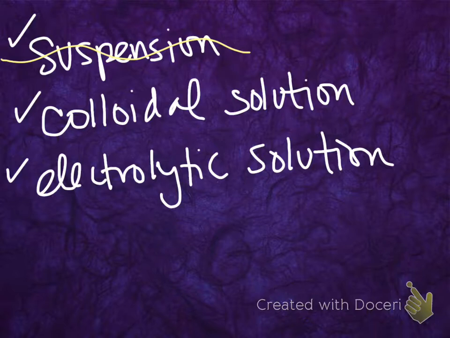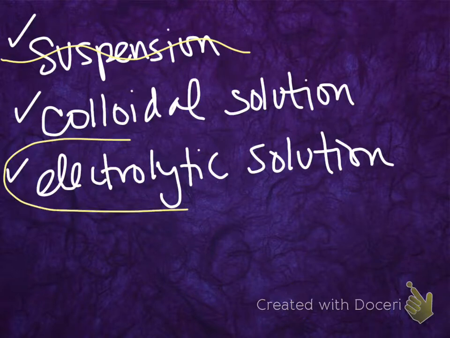There are what are called colloidal solutions, in which the particles stay suspended, but they don't actually completely dissolve into the liquid phase. These aren't true solutions, so they get called colloidal solutions. If you think of gravy, gravy is a colloidal solution.